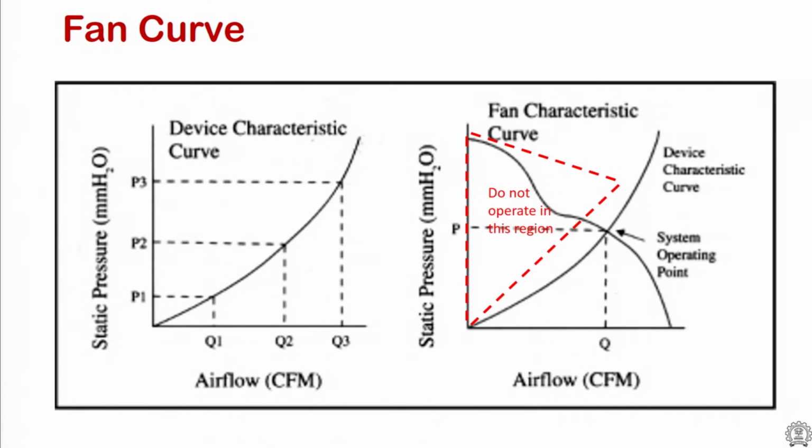What is shown here is the fan characteristic curve for a given RPM, that is, rotations per minute. As you increase the RPM, this curve shifts up like this. Because air is flowing through the heatsink, for a given flow rate it incurs a certain amount of pressure drop.